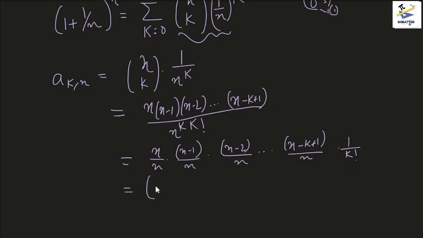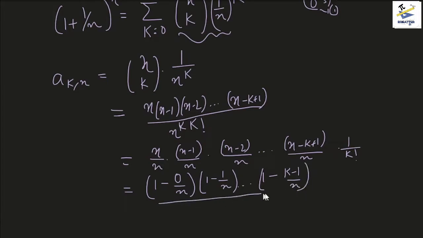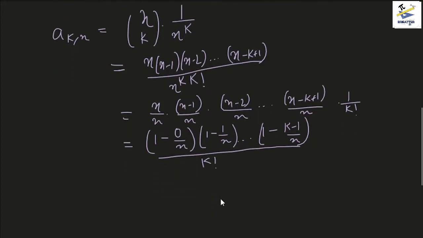So this gives us (1 - 0/x)(1 - 1/x) and all the way up to (1 - (k - 1)/x), whole divided by k factorial, right? Which can be written in the product form as follows: the product for r equals 0 to k - 1 of (1 - r/x), and there is a 1/k factorial outside, right?